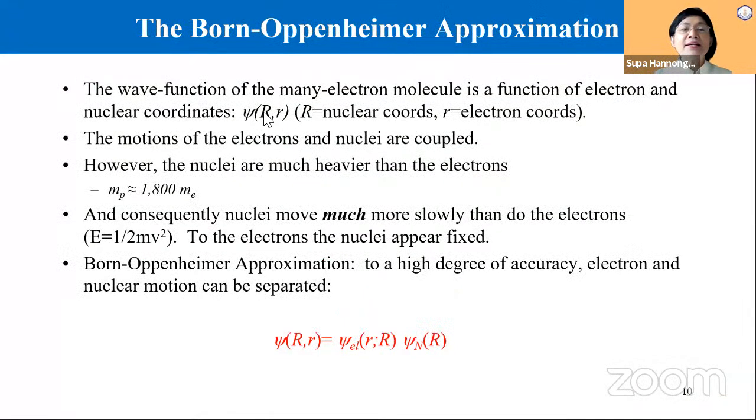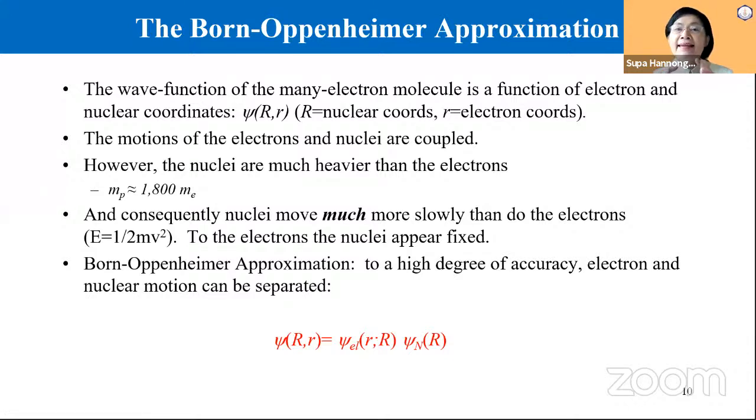So now here, big R means the nuclei wave function. You imagine you have one nuclei and one electron. Nuclei is 1,800 times heavier than electron.